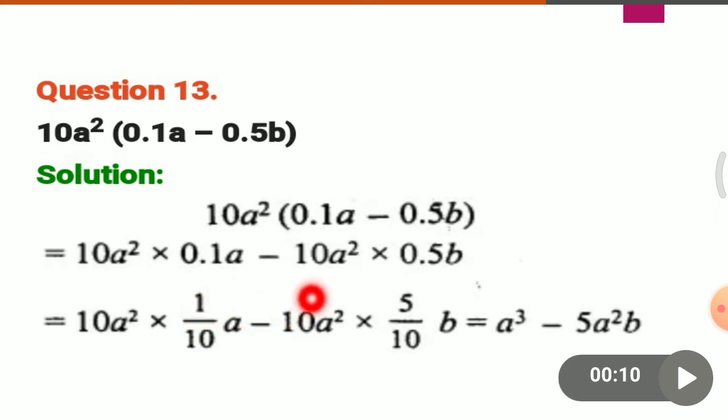And minus 10a² multiply 0.5b, you write here as 5/10 b. After that your answer will be 10 and 10 cancel to 1, a power 2 and a power 1 gives a power 3, minus 10 and 10 cancel to 5, a²b. Answer: a³ minus 5a²b.